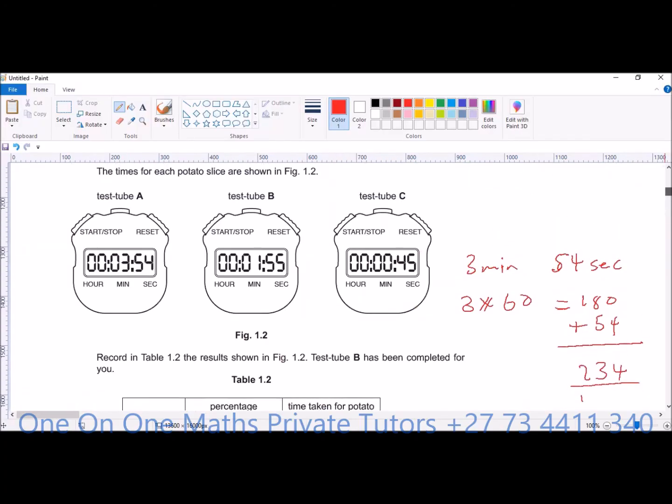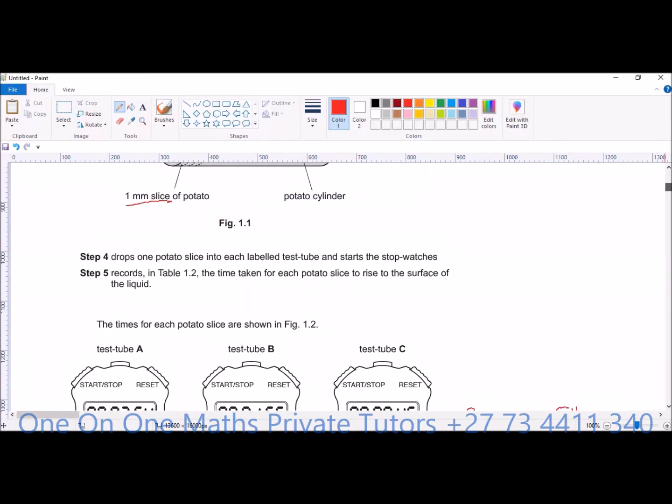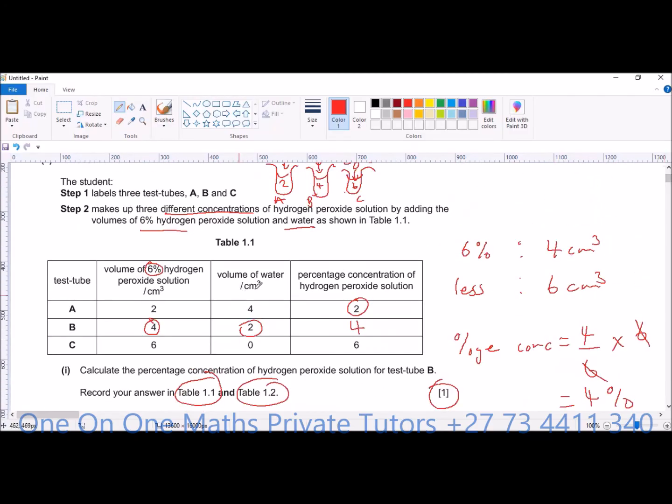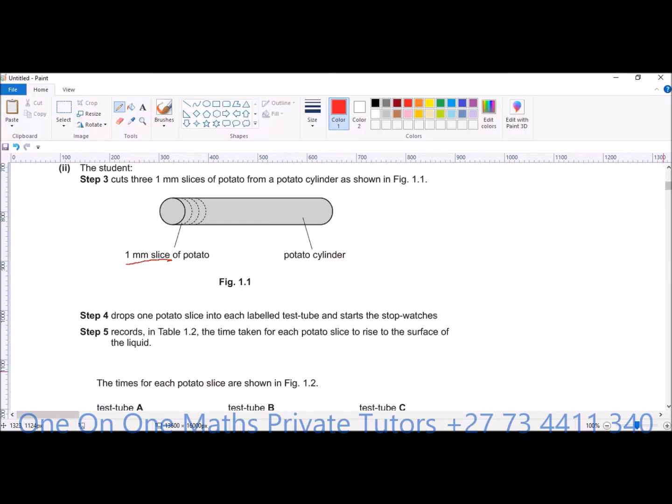What else is being kept constant? Let's look at our volumes. So we are having 2 plus 4, which will give us 6. 4 plus 2, which will give us 6. 6 plus 0, which will give us 6. So the total volume of the hydrogen peroxide solution is being kept constant. All right.